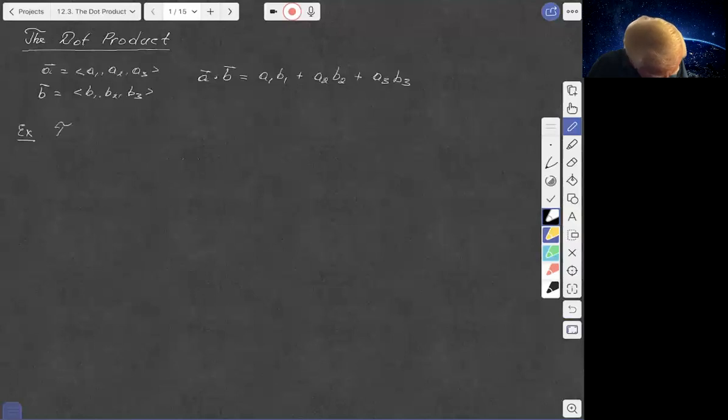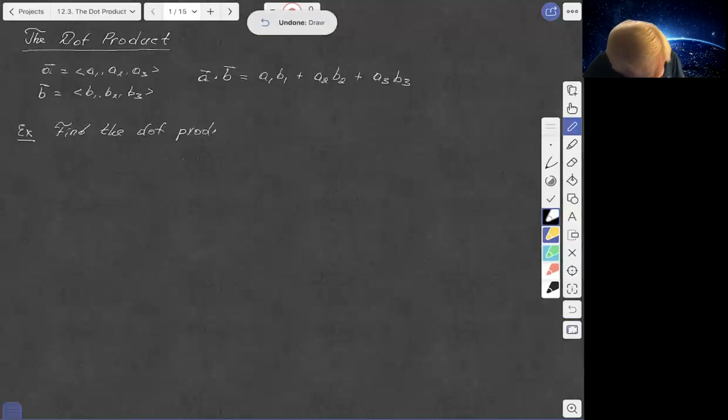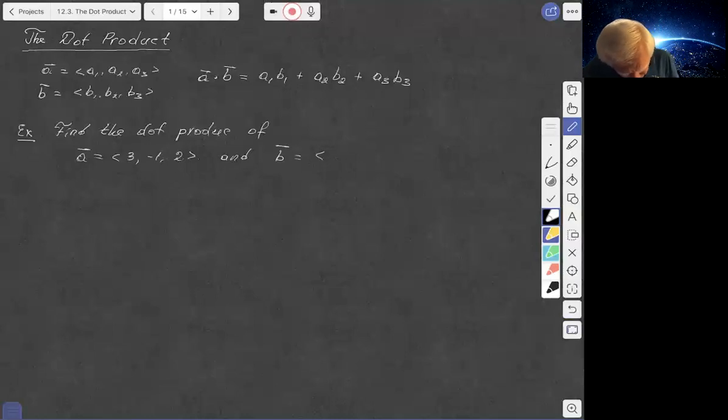Find the dot product of A equals 3, -1, and 2, and B, which is 1, -2, and 1.